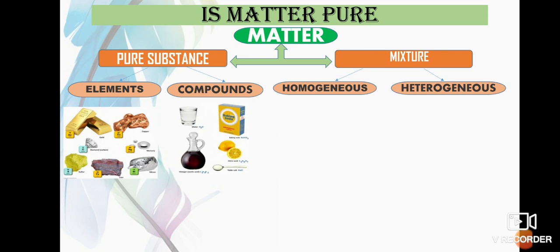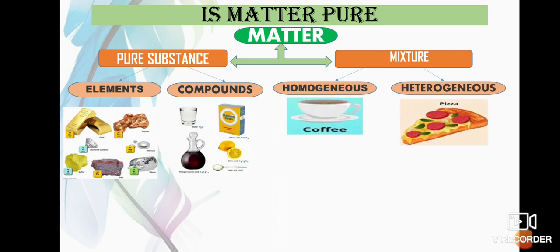You can take any item which combines two or more elements. For homogeneous, coffee, and for heterogeneous, pizza. Just look at this flow chart. I will explain it to you in the next slide.